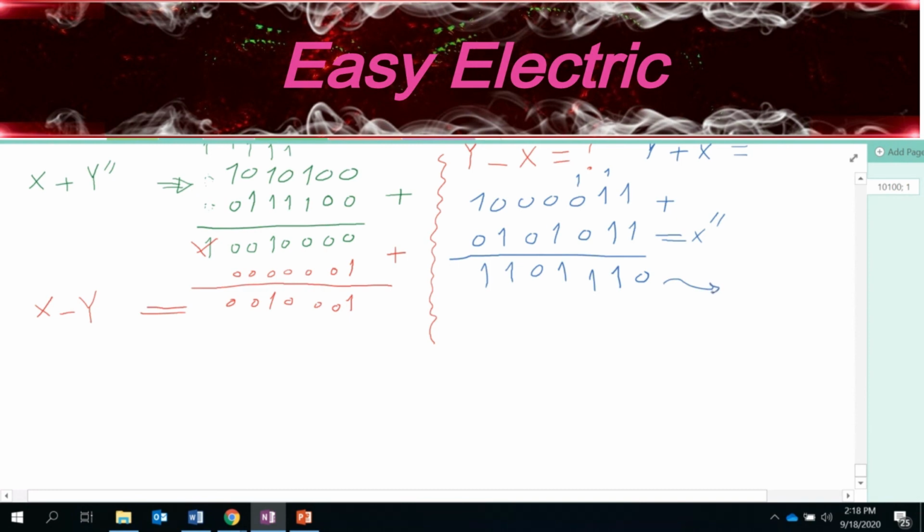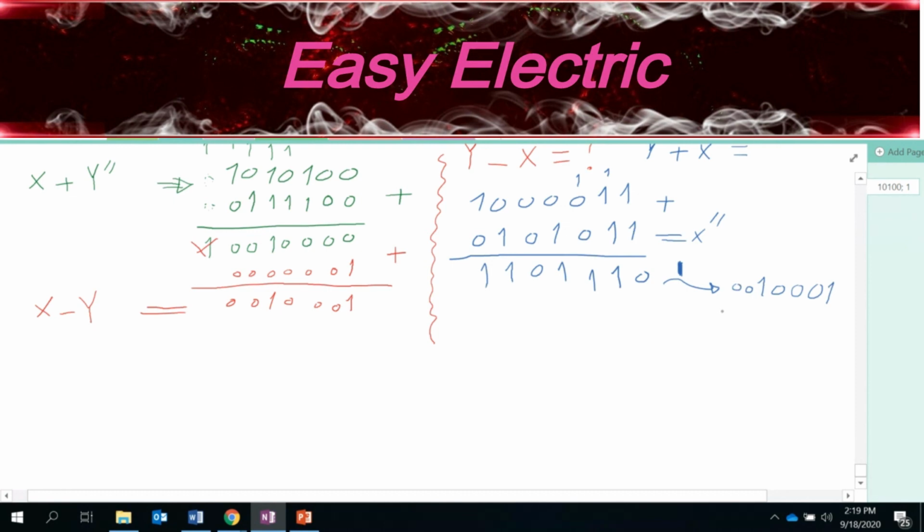Sorry, not r complement, the one's complement, or r minus 1 complement, of this. Similar to what we did for the x, you just need to change 0 to 1, 1 to 0. I start, the first one is 0, change to 1. So then you have 2, 0. Then you have 3, 0 because you have 3, 1. Then you have 1. Then you have 1, 2, 3, 0.